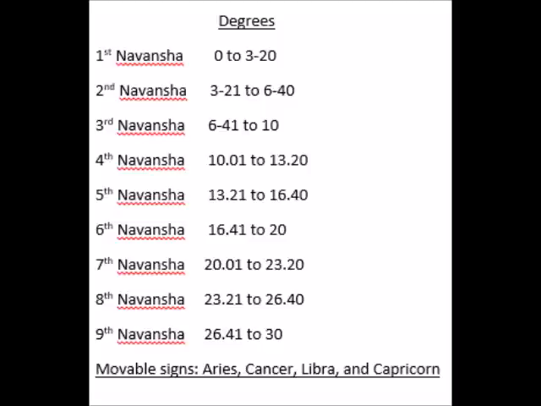So technically we should calculate 6 zodiac signs ahead from Taurus, but we will not do so. Why? Because Taurus is not a movable sign, and we know the sages have said that Navansha calculation has to be done only from the movable signs. So again we create a trikona, or a trine, which is 1, 5 and 9.